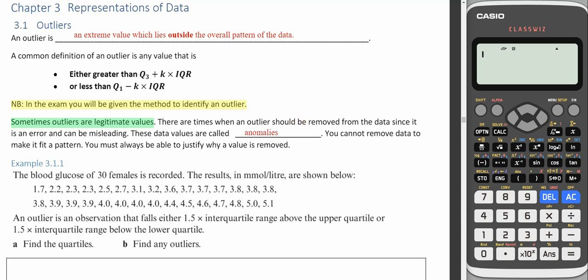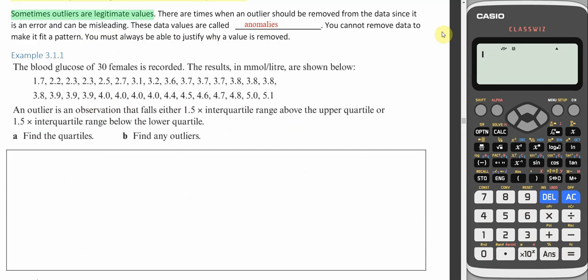Right, I'm going to move on to example 3.1.1 now. So here it is, example 3.1.1. The blood glucose of 30 females is recorded. You don't need to know what blood glucose means or what it is. And the results in this measurement here, you don't need to understand what that measurement means either, but the 30 results are shown below. At a quick glance, they do seem to be in ascending order, which could be useful.